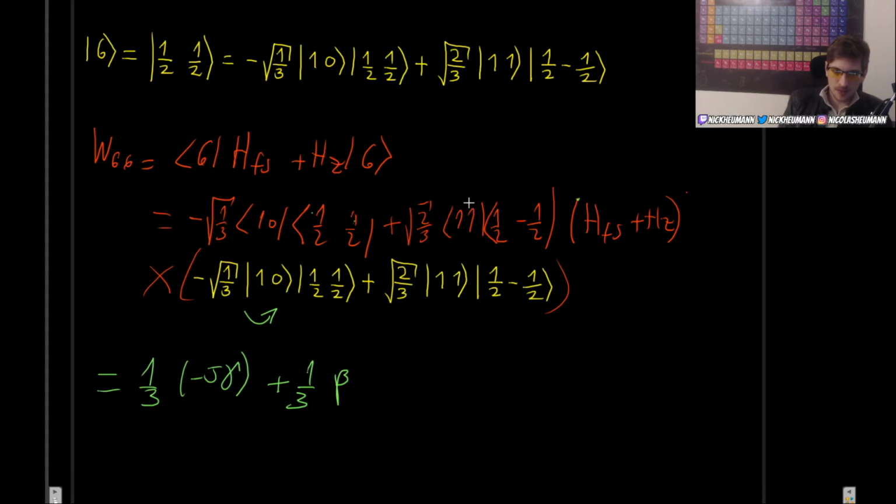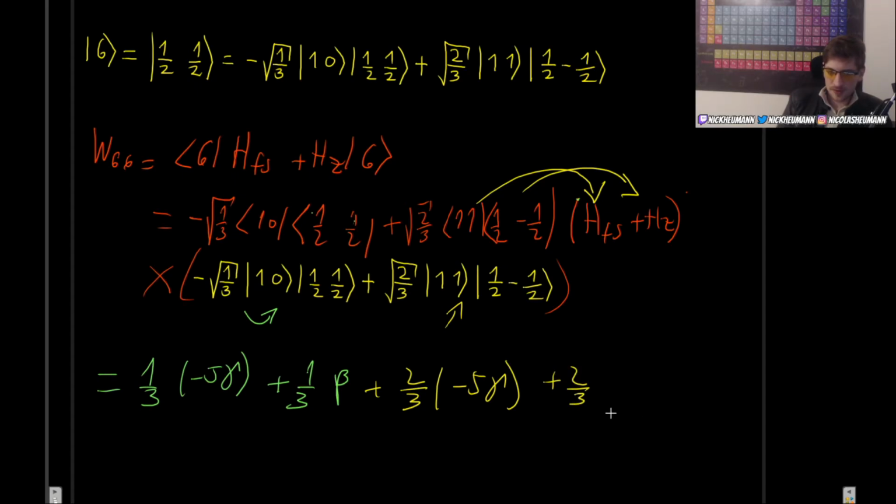And now comes this part times the fine structure times this part right here. So we get 2/3. What is the fine structure energy? It's once again minus 5 gamma. And then we get this times the Zeeman part, that's going to be 2/3 times beta (ml plus 2 ms). ml is 1, 2 ms is minus 1, so this part is actually going to be 0.